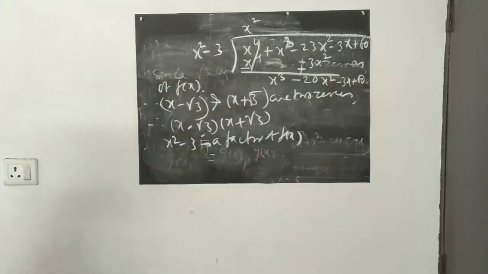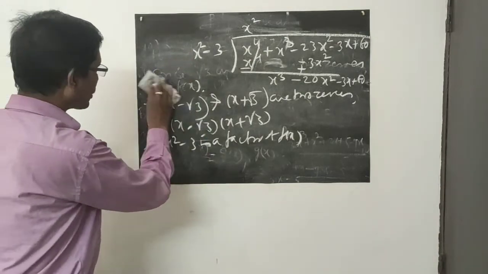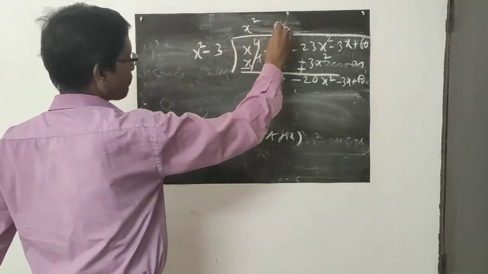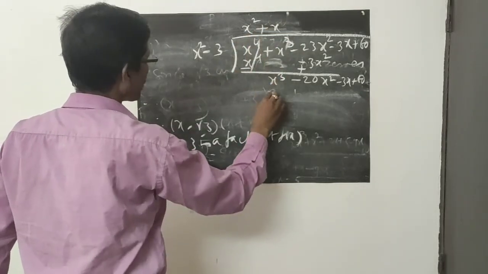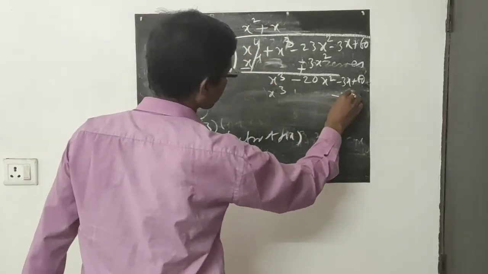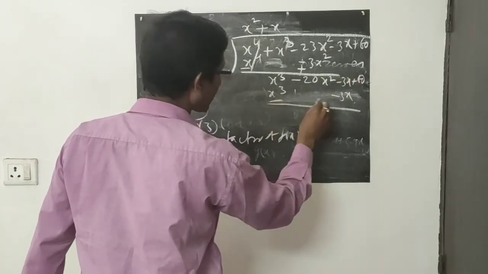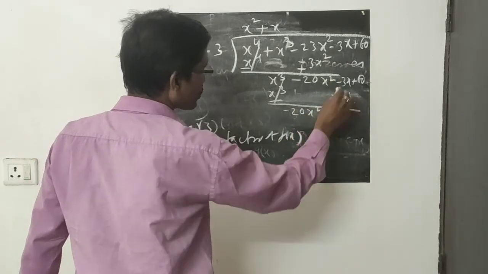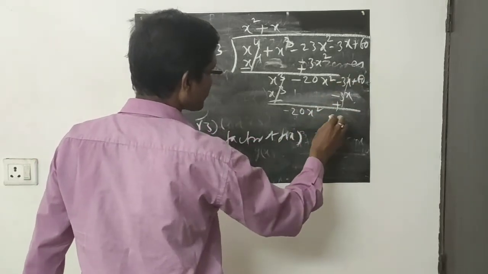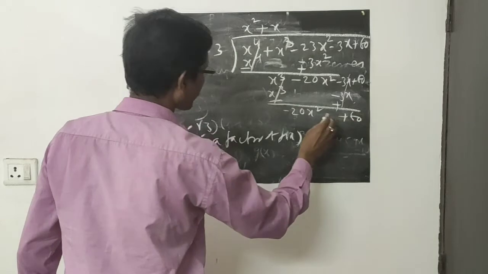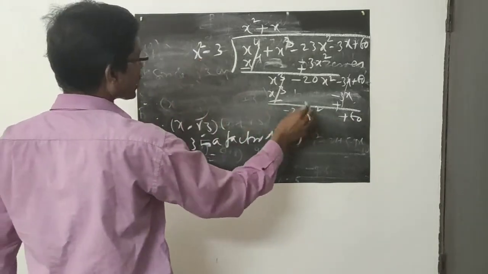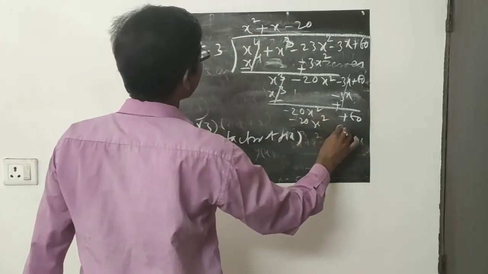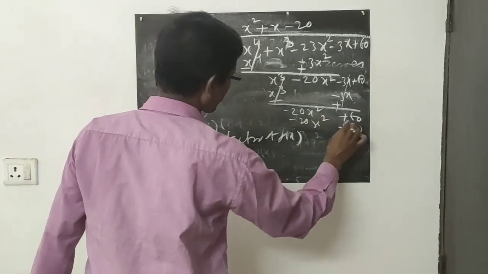Now x cube will go by x, so it will be plus x. So you are getting x cube minus 3x, like terms below the like terms. Minus 20x square is already there, the x cube terms are removed, and plus 60 is left. So minus 20 it will be, minus 20x square plus 60.